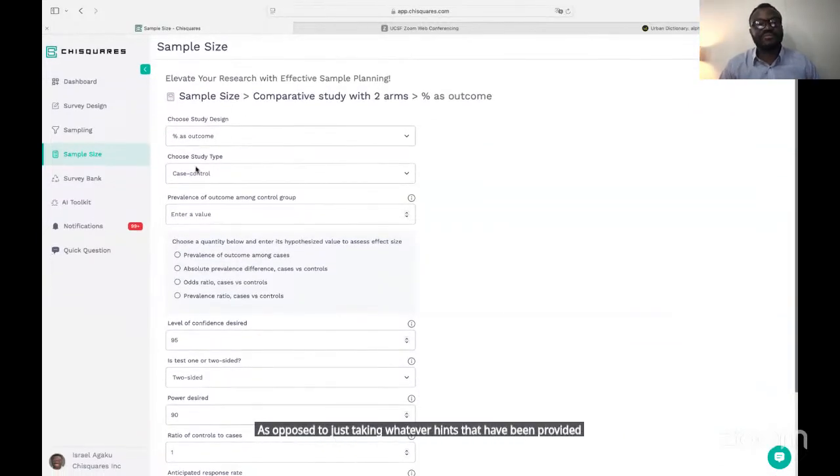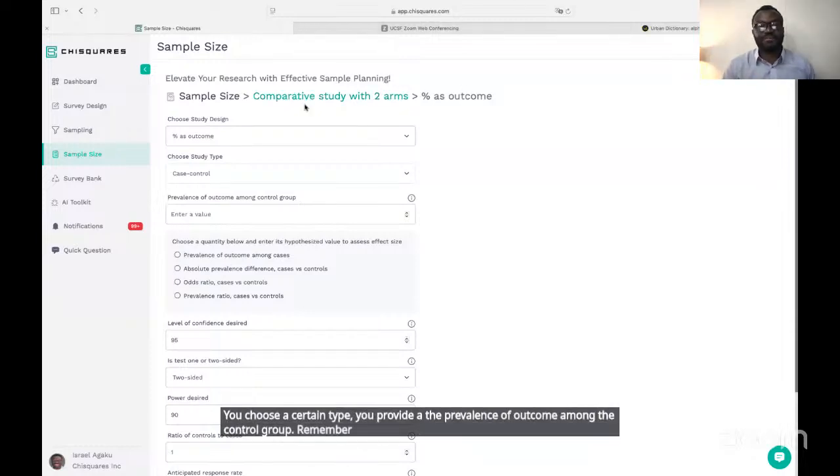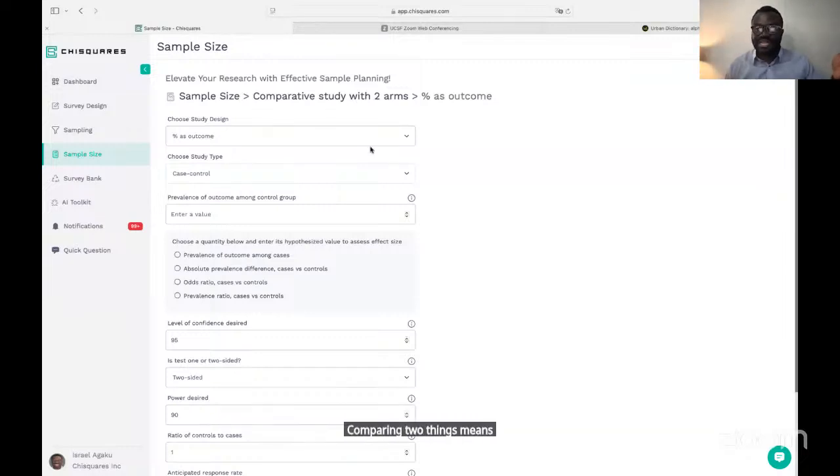So here, you choose a study type, and you provide the prevalence of outcome among the control group. Remember that this is an analytical study or comparative study. We're comparing two things, right? Comparing two things means that you need to know at least what to expect, what to hope for, right?